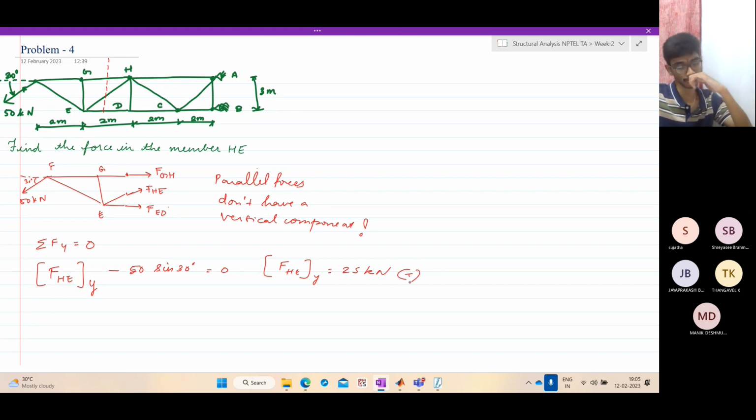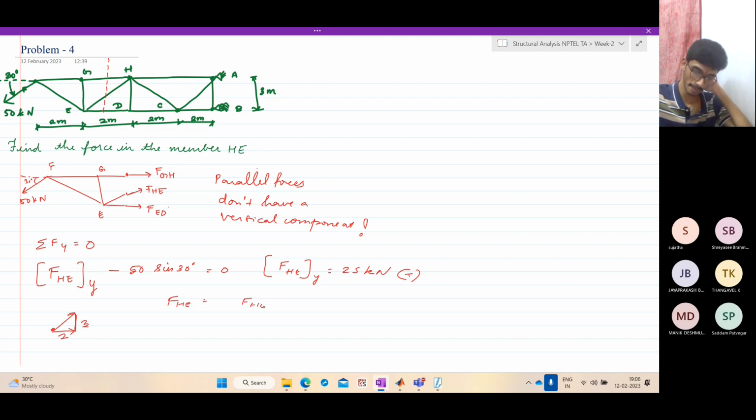Next, again use the force triangle. This is 3 by 2. So FHEY acts like this. This is 2, this is 3. So FHE is FHEY by, this one by root 13 by 3.